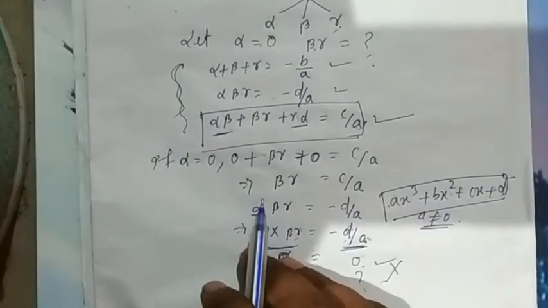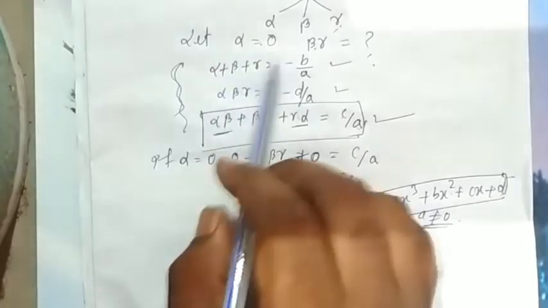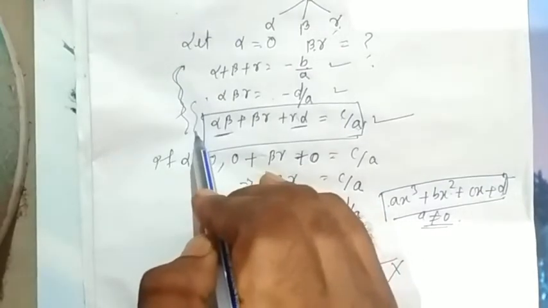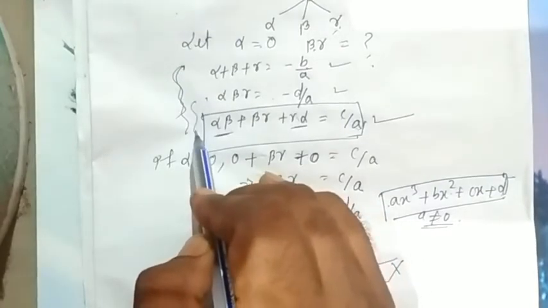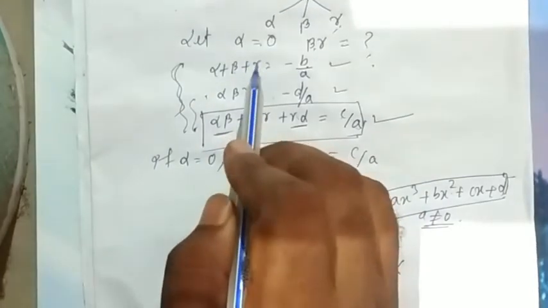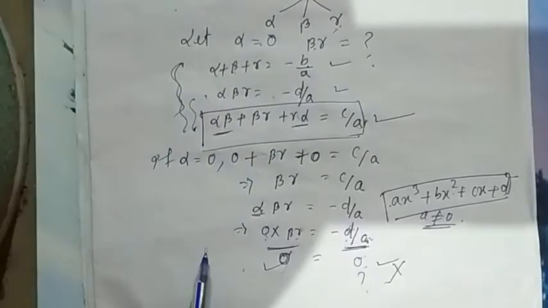That does not mean that the values will be satisfied in one condition and not in another. No, you can't take it like that. The values of alpha, beta, gamma should satisfy all three conditions. Then only you can take them as possible values of alpha, beta and gamma.